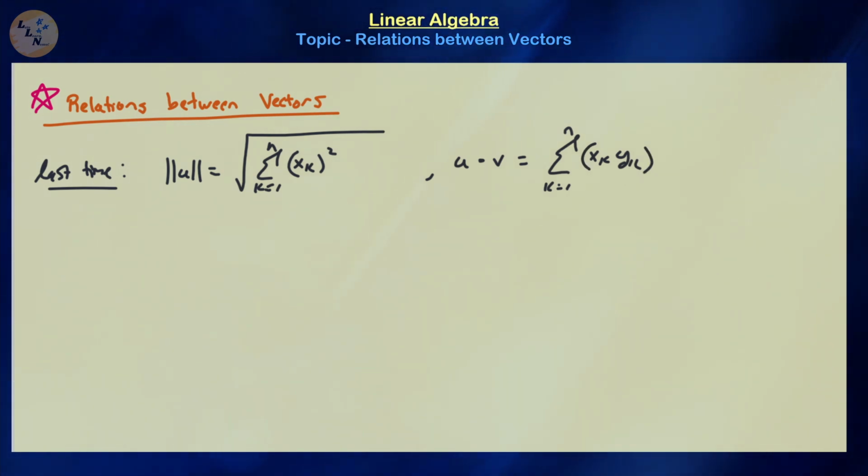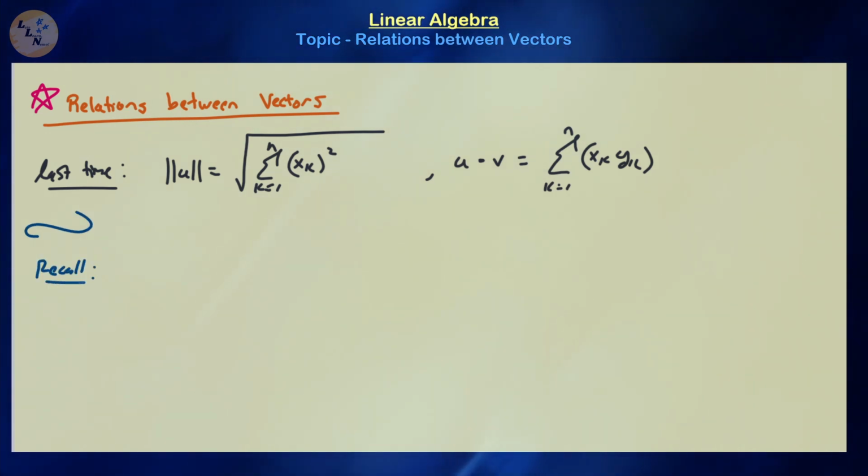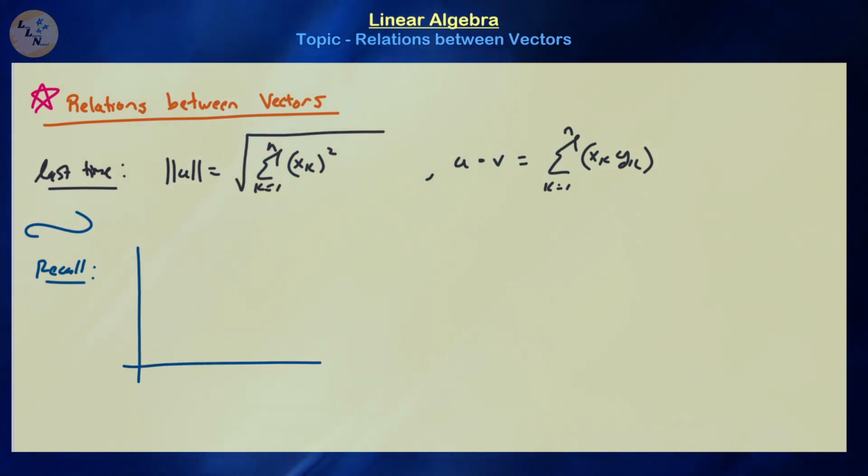Also, we discussed the geometric interpretation of vectors and their relationships to each other. So let's take a two-dimensional perspective. Let's assume we have a vector here, u, and another vector here, v.